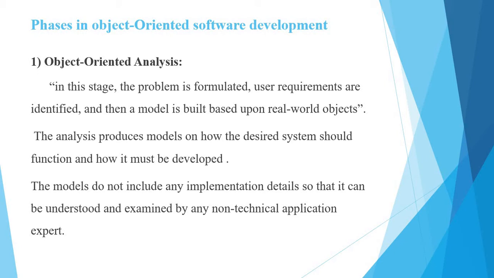The analysis produces models on how the desired system should function and how it must be developed. The models do not include any implementation details so that they can be understood and examined by any non-technical expert.